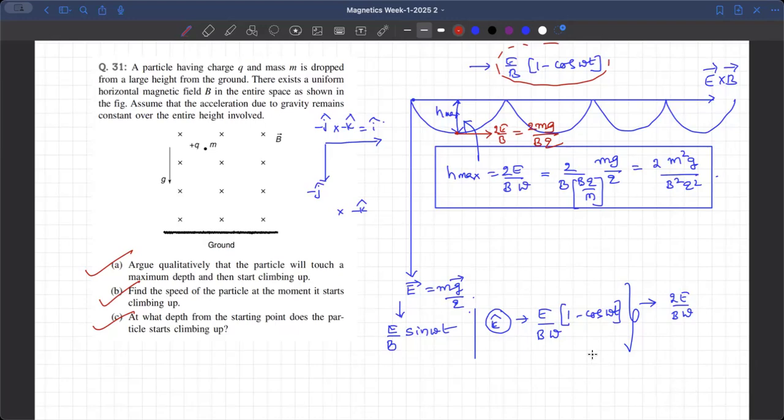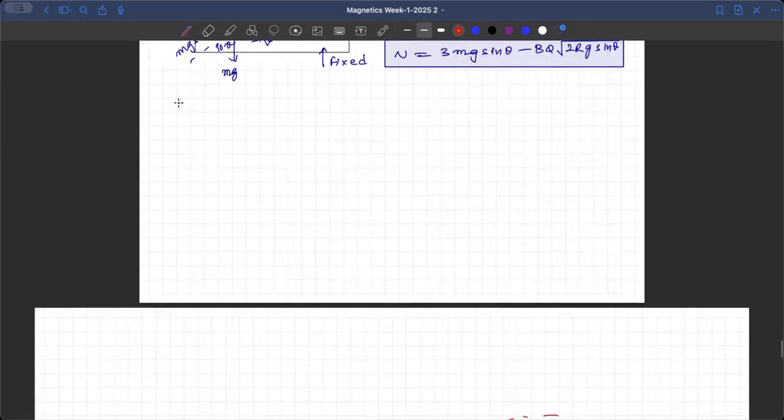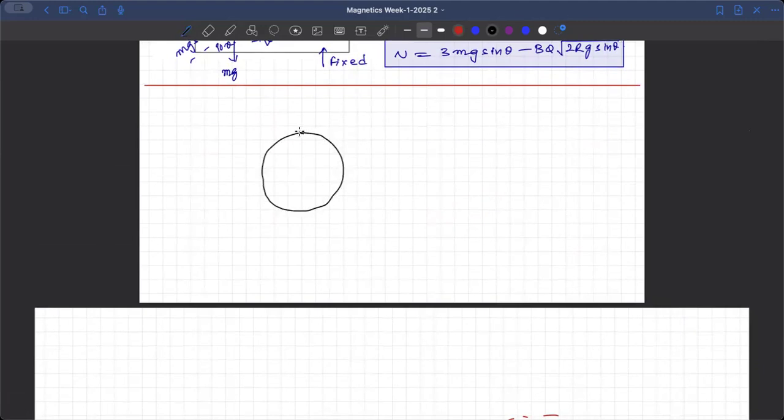And one more important point I'll add to this. If a particle is going in a cycloid path, first of all, where did you learn the cycloid path the first time? Imagine this is a ring, and the ring is under combined rotational and translational motion on this floor. Now you take a point A here.